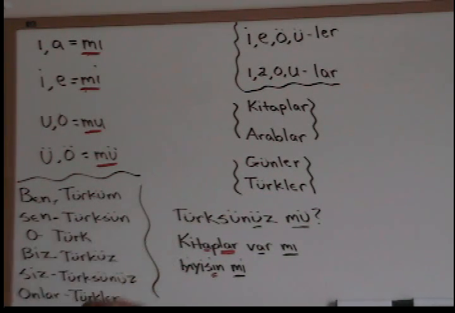So that's that with the vowel harmony. And like I said, it's probably confusing now, but just practice it, get used to it, and you'll understand it completely. So I think that's pretty much it as far as the vowel harmony.